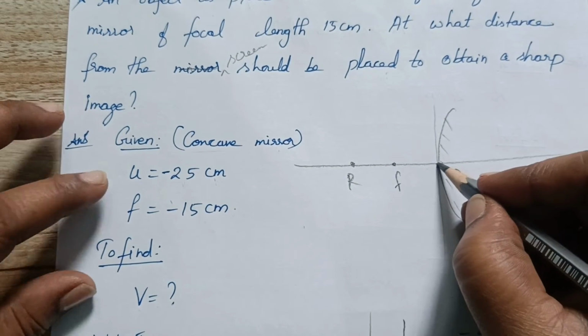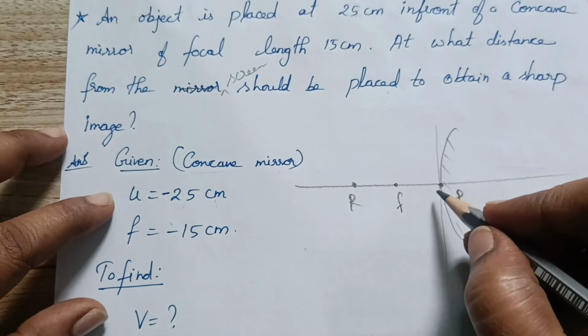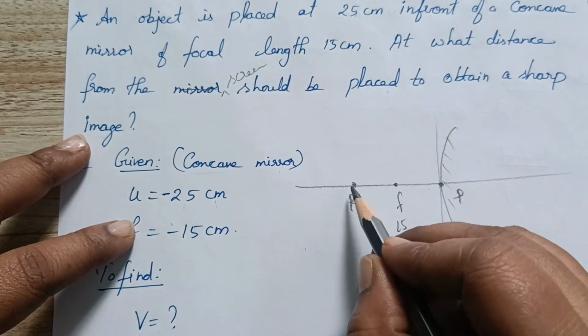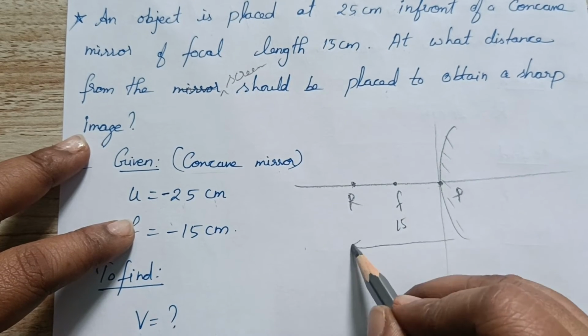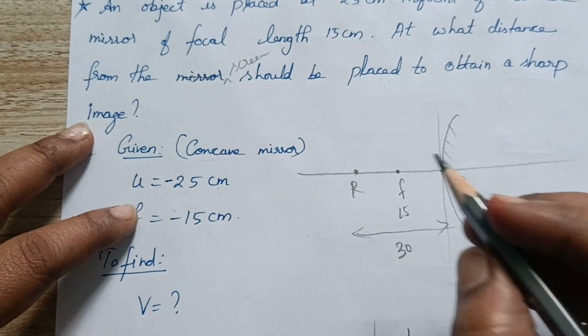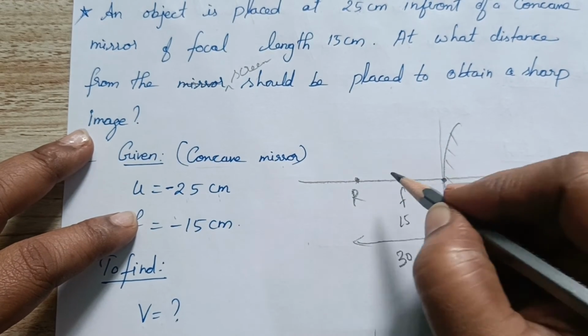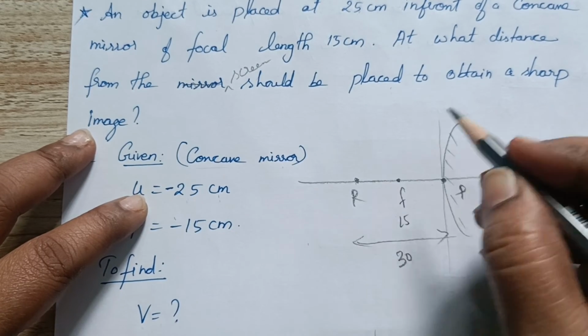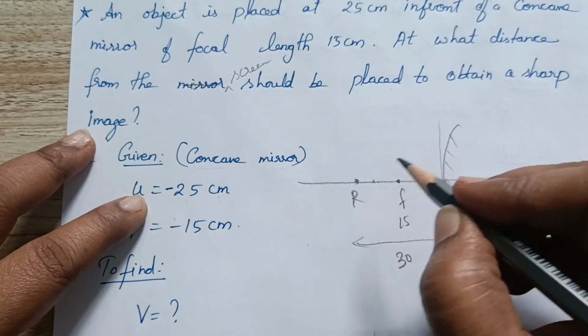So first we will check with the ray diagram. Your focal length is 15 centimeter, which means what will be your radius? Radius is 30 centimeter. Okay, your object is placed at a distance of 25 centimeter from the pole. For example, it's somewhere between here.